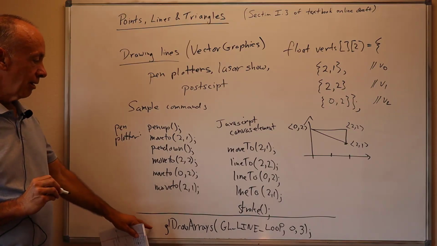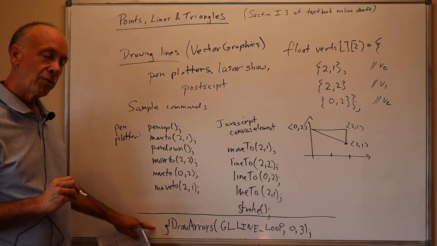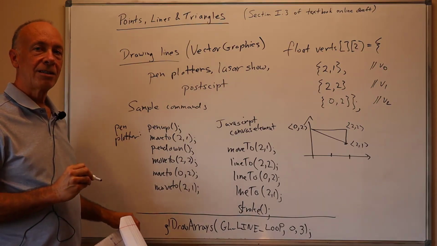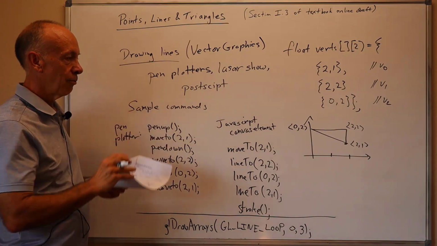So this is the OpenGL command. GL line loop is one of the 3 drawing modes for lines in OpenGL, and I'll discuss those in just a second on the next board.